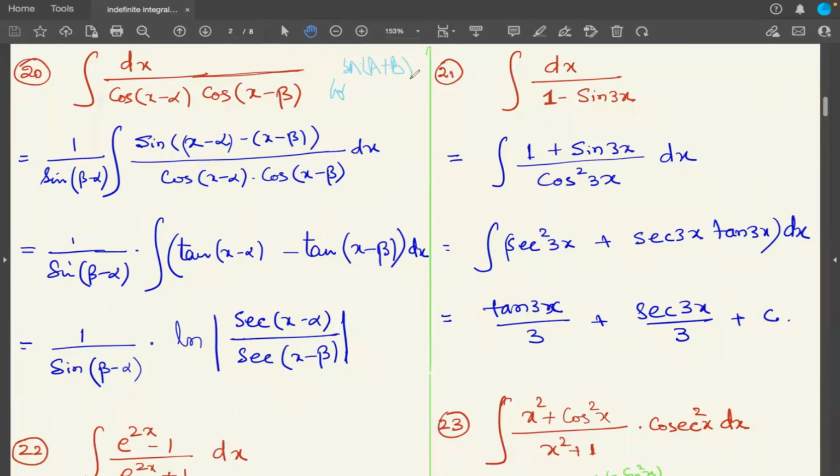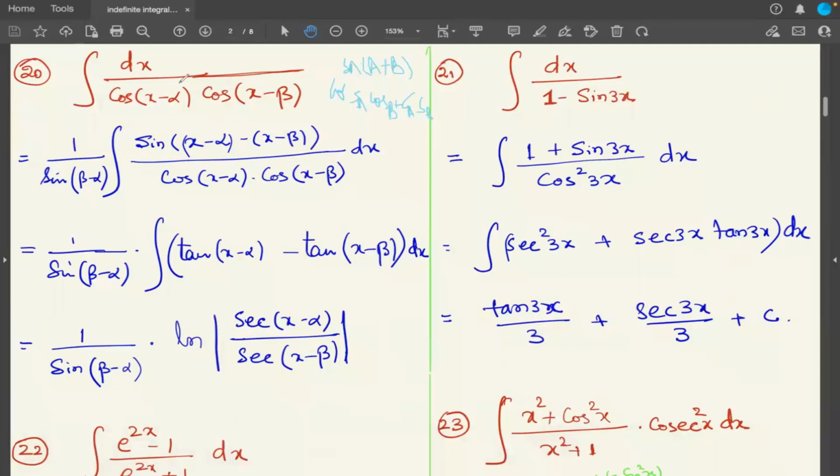Sine of a plus b is sine a cos b plus cos a sine b, right? Let me write that: it is sine a cos b plus cos a sine b. I'm writing in short: C stands for cos and S stands for sine.